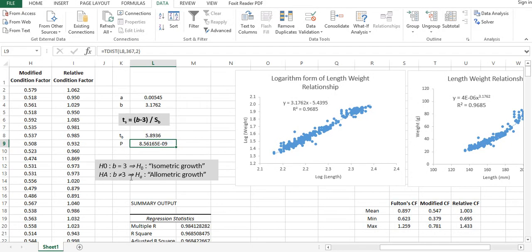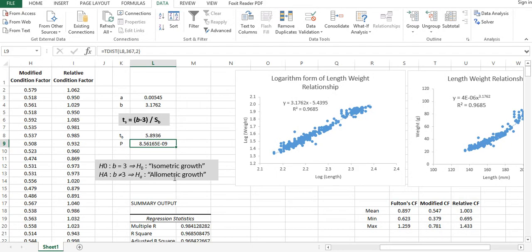So you can check, yes, your b value indicates allometric growth. Statistically it is proved. So some statistical analysis is sometimes required when calculating the length-weight relationship, and in this way you can calculate the significance of your b value.